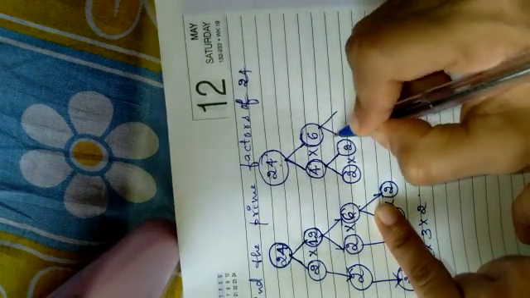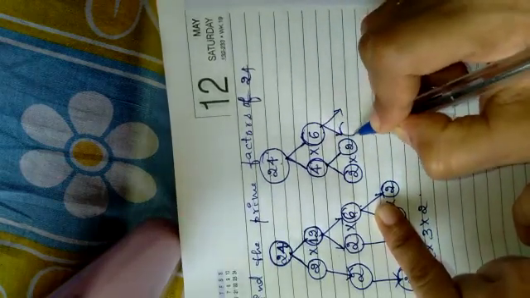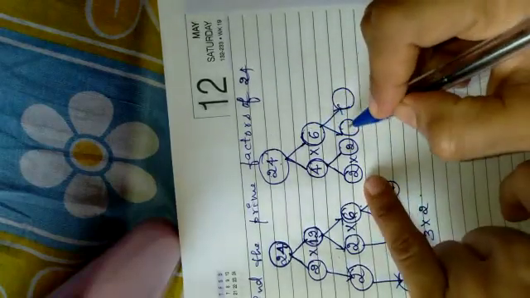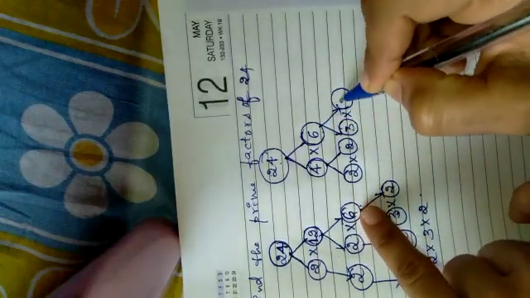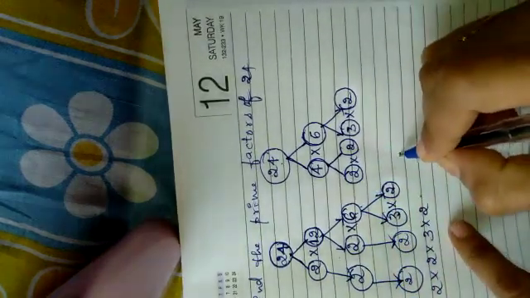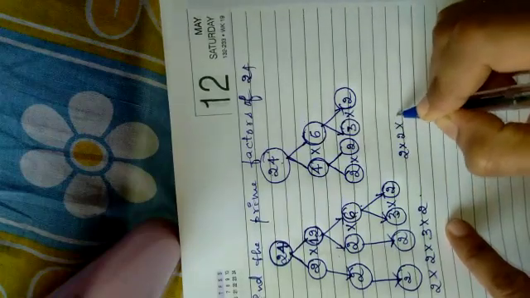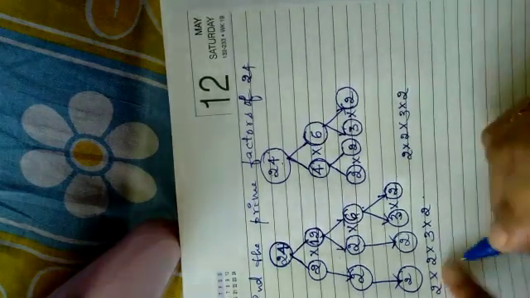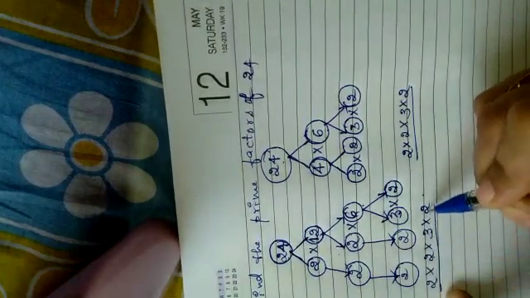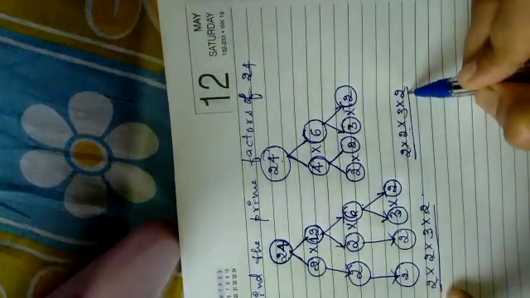Even 6 is also a composite number. 3 how much are 6? 3 2s are 6, isn't it? Now you'll get the same numbers 2 into 2 into 3 into 2. Are they the same? Yes. Here also it is the same, isn't it?